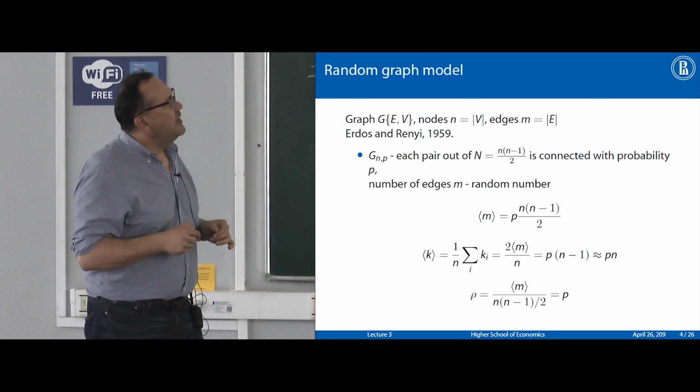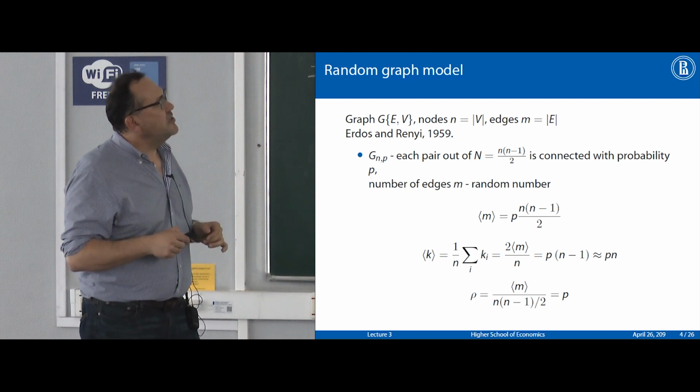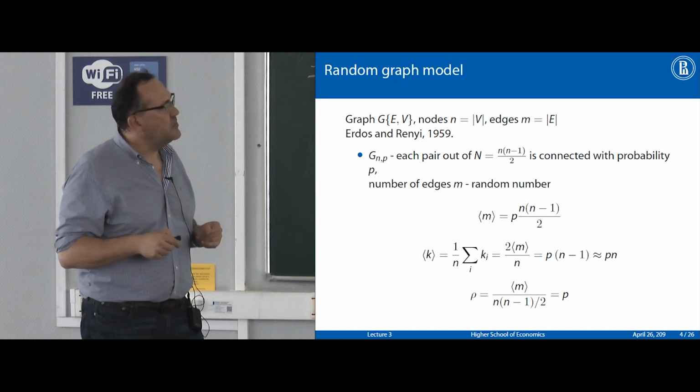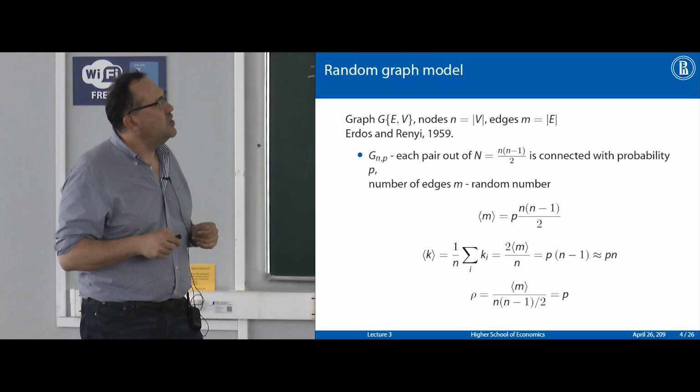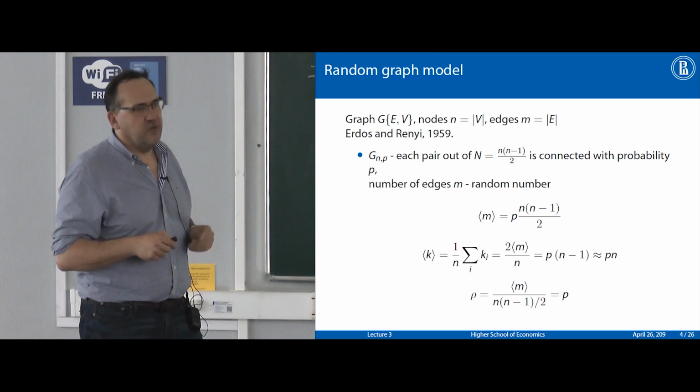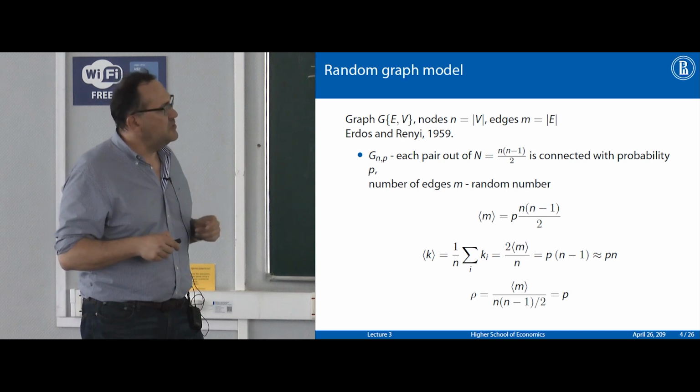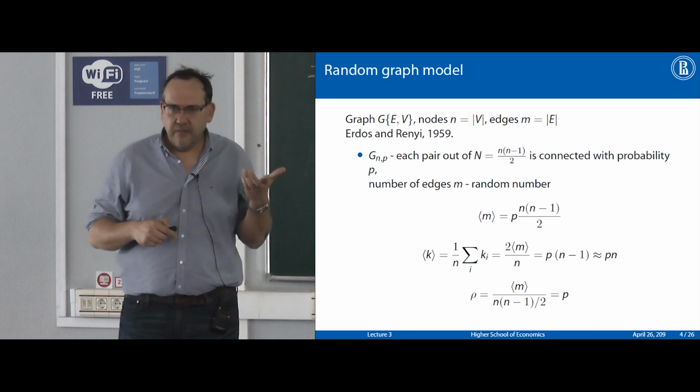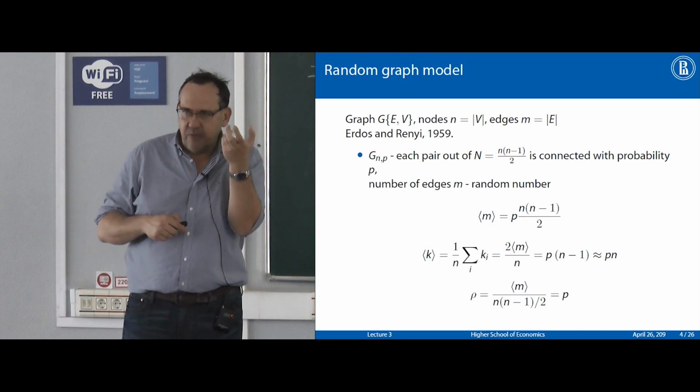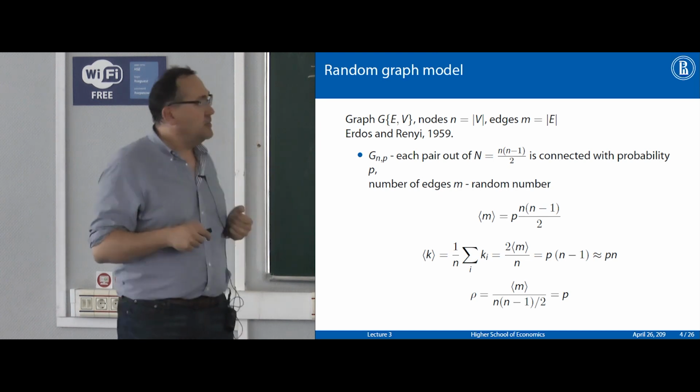So a graph is, again, defined by nodes and edges. And this is a formula we have discussed on the previous slide, which is if you have n nodes, then this is the total number of pairs that you can form, n times n minus 1 divided by 2. And then p is the probability that when you form a pair, they'll be connected by an edge or a link.